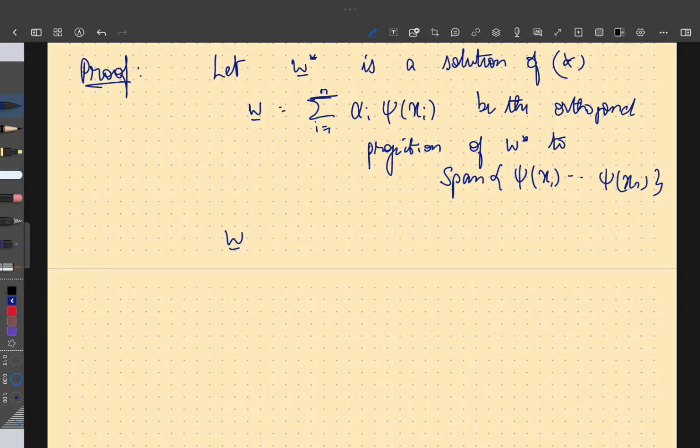Therefore, we can write W star as W plus some vector u, where u lies in the orthogonal complement, where the inner product between u and W is equal to 0.